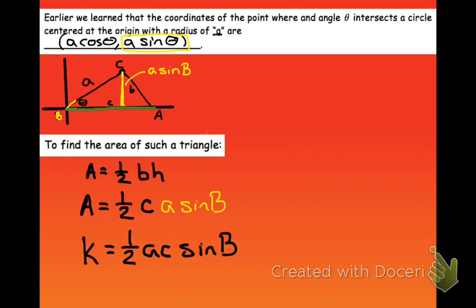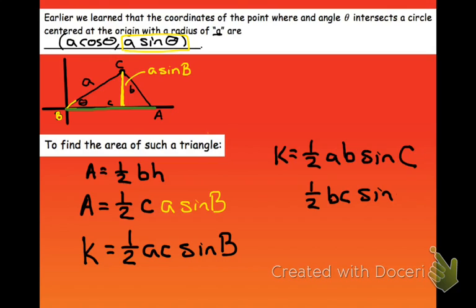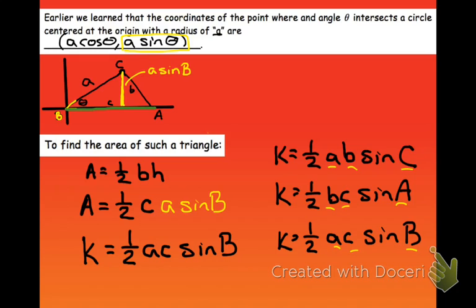And again, they'll only give you one form of that, so you're going to need to manipulate it as you see fit. So it might be K equals 1/2 AB sine C, or 1/2 BC sine A, or what we just wrote down, 1/2 AC sine B. The important thing is that you have all three letters, A, B, C. Each one of them has all three letters in it.